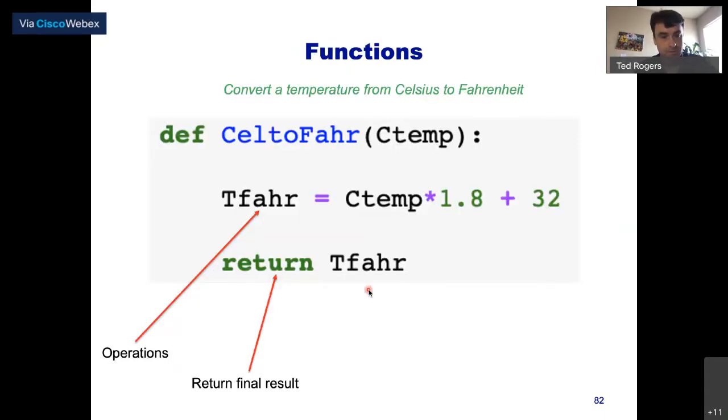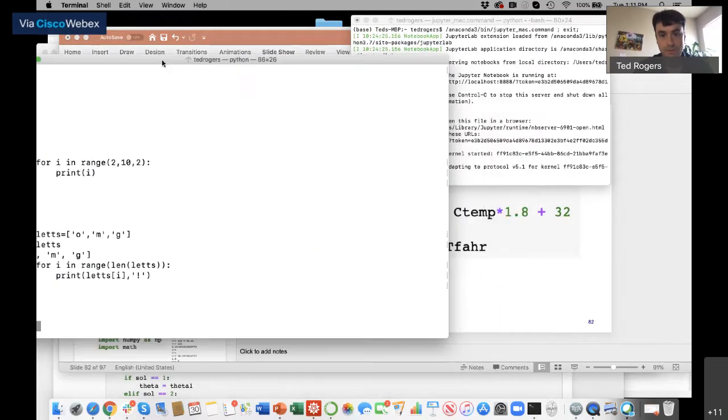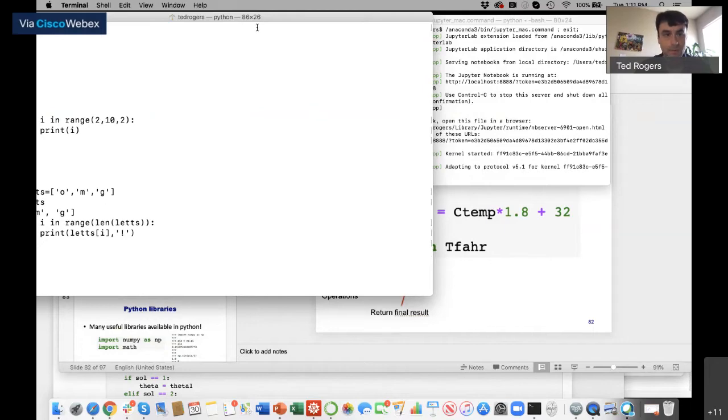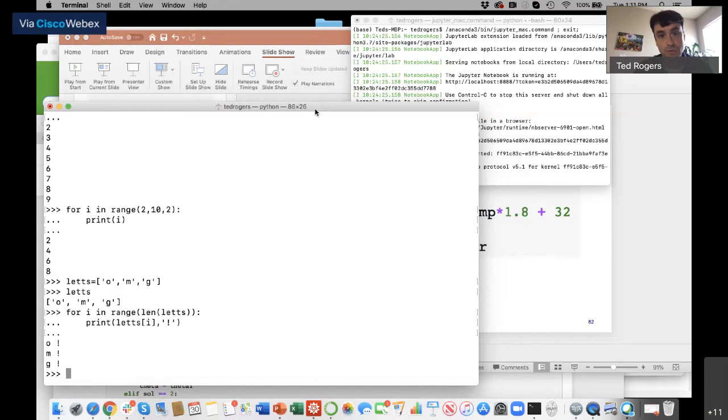So let's see how that works. Go ahead and open up my terminal. You can try doing this yourself in a terminal, or if you want to get practice with Anaconda and Jupyter, you can do it there.